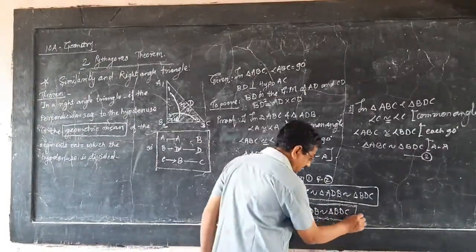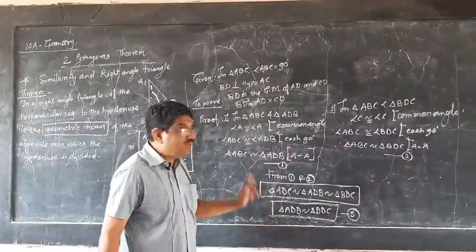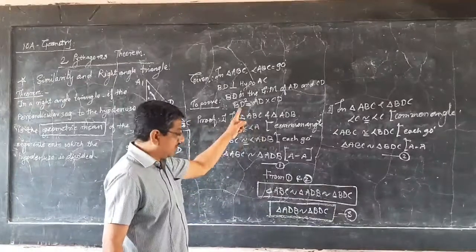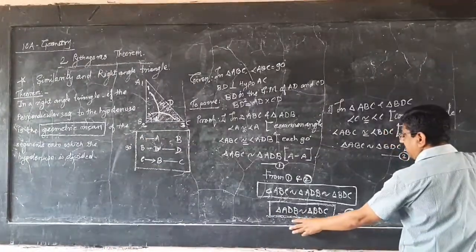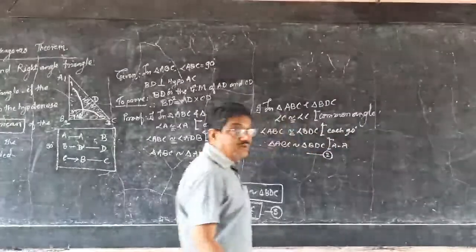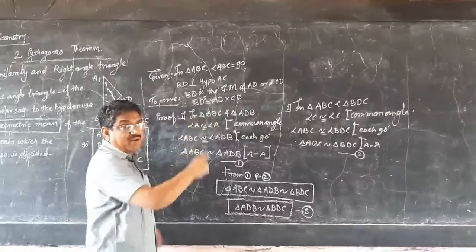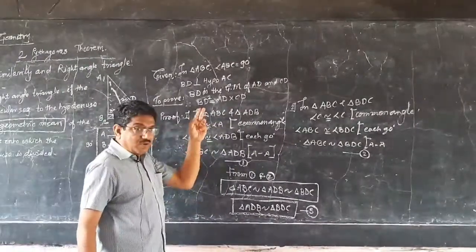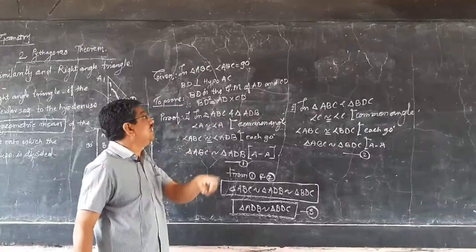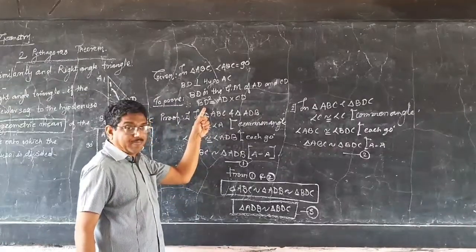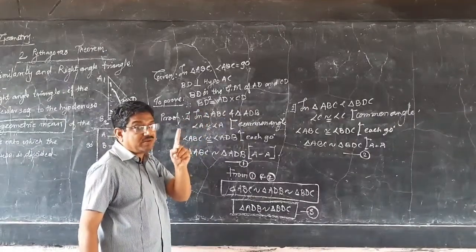This is the third statement, and this statement you will use to prove this. Therefore, in triangles ADB and BDC, what will you do? Now see, what is to prove? BD square. It means you have to take the two ratios which contain the segment BD. In both ratios there should be one term BD.